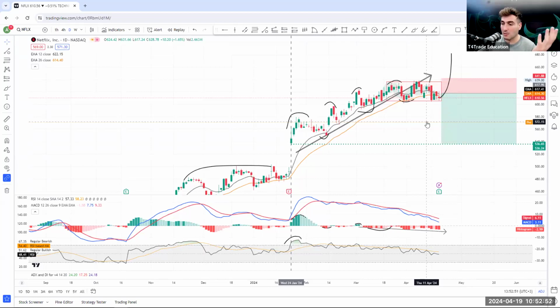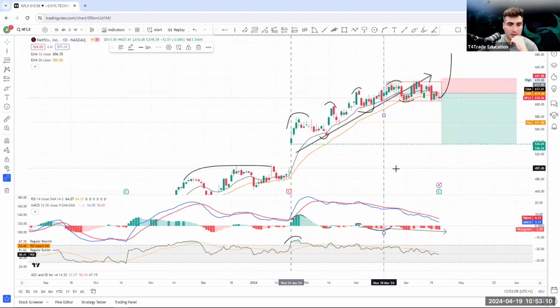So either traders spotted this kind of divergence, which has been going on for quite some time now. Let me highlight this period. Let's just say the earliest signal was from somewhere in here to here. So we're talking about a month.